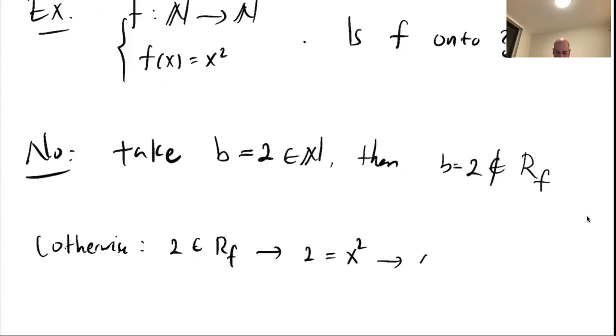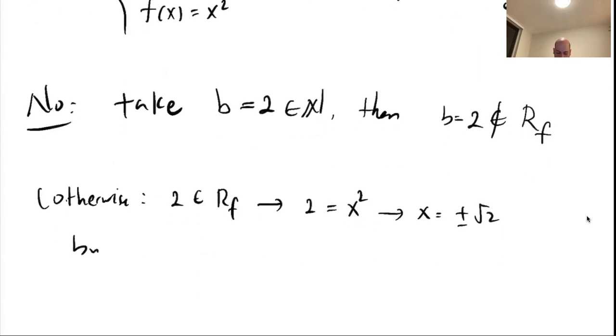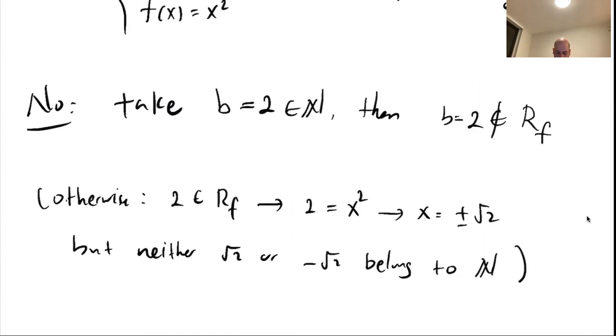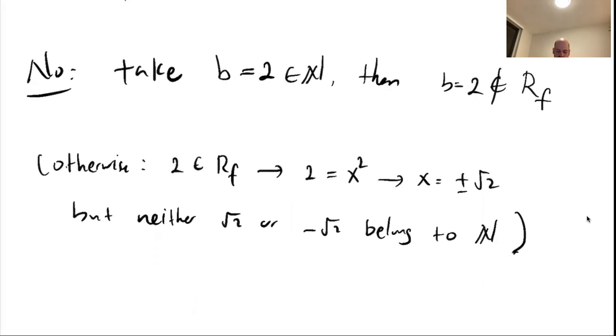And that means x equals plus or minus root 2, but neither root 2 nor minus root 2 belongs to N. So that means the range of f is not equal to N, the codomain.